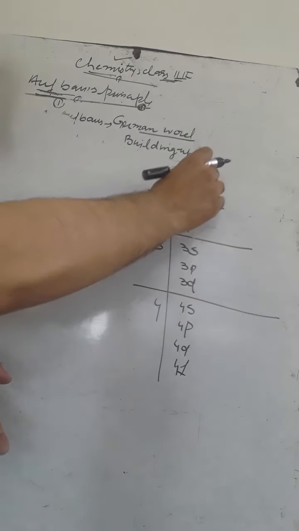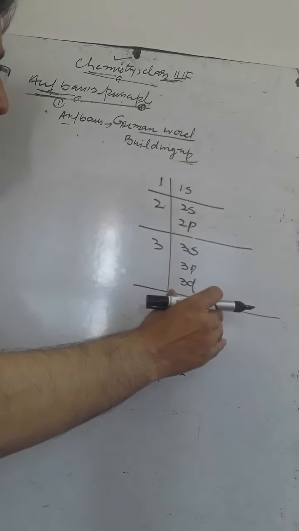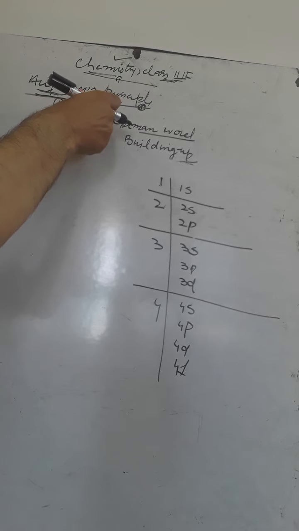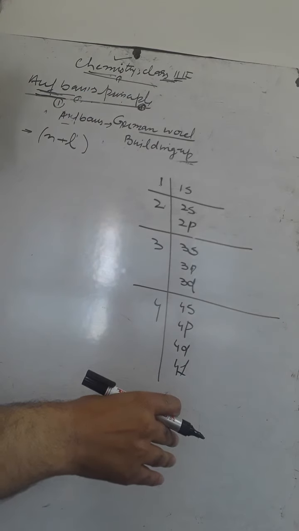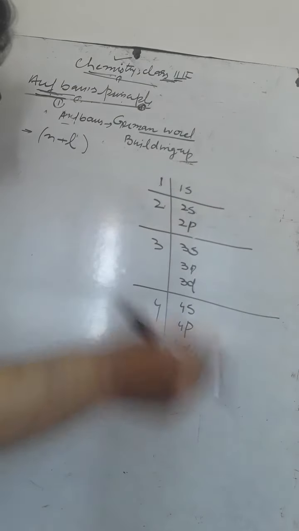Now, for Aufbau's principle, how do we fill these orbitals? For filling the electrons in these orbitals, we should know a rule, that is the n plus l rule, because as per this principle, electrons are filled in these orbitals in order of increasing energies.